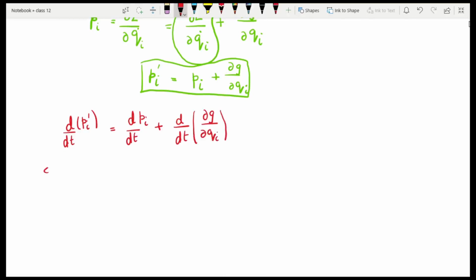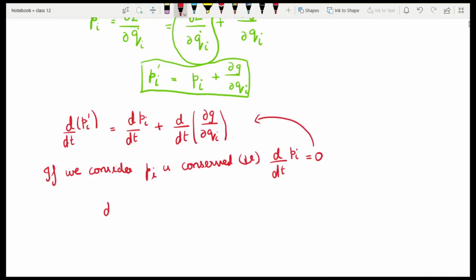If we consider pi is conserved, that is d by dt of pi is equal to 0, then if we substitute it here, we will be getting d by dt of pi prime is equal to 0 plus d by dt of dou g by dou qi.